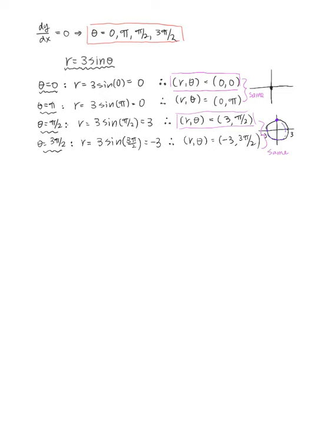But either one's okay. So what we just concluded is that our function r equals 3 sine of theta has a horizontal tangency at, now these are in terms of polar coordinates, so r comma theta is 0, 0, and, sorry, that was an and, r comma theta is 3 comma pi over 2, sorry about that.